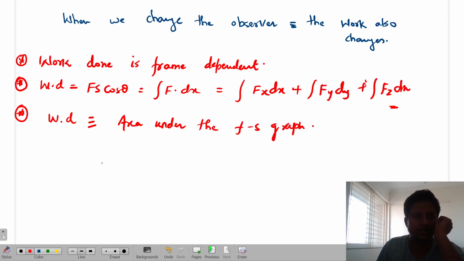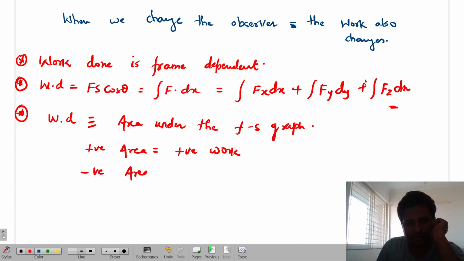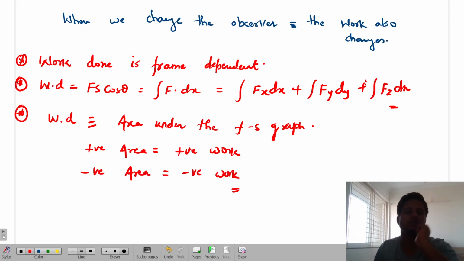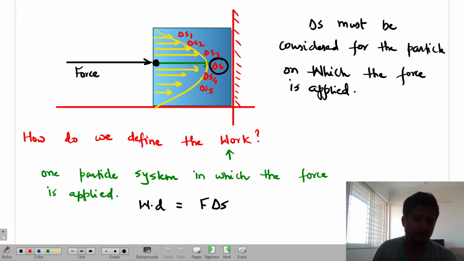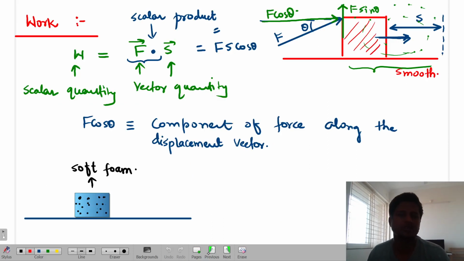Most importantly, positive area is equal to positive work, and negative area is equal to negative work. So this is your whole conclusion of work, power, work in different frames, and different force relations. Are you able to get me?